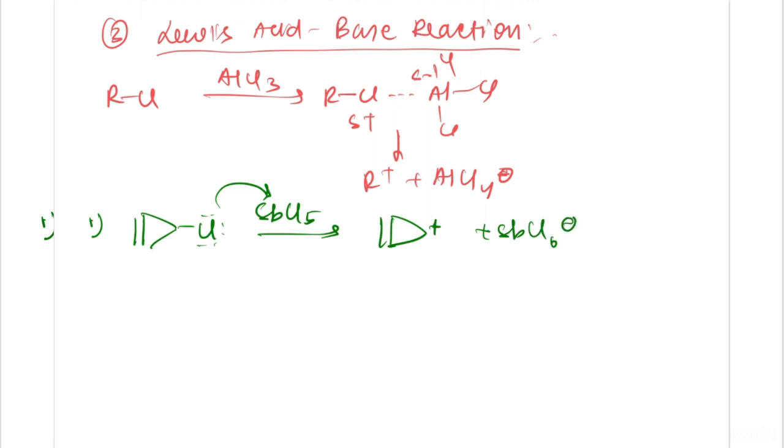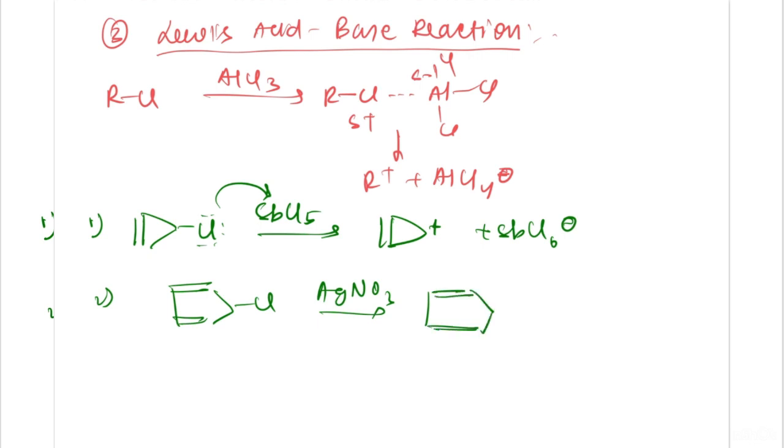In the second case, chlorine will react with AgNO3. AgNO3 with halogen forms a positive charge, and it will become NO3 minus and AgCl precipitate.